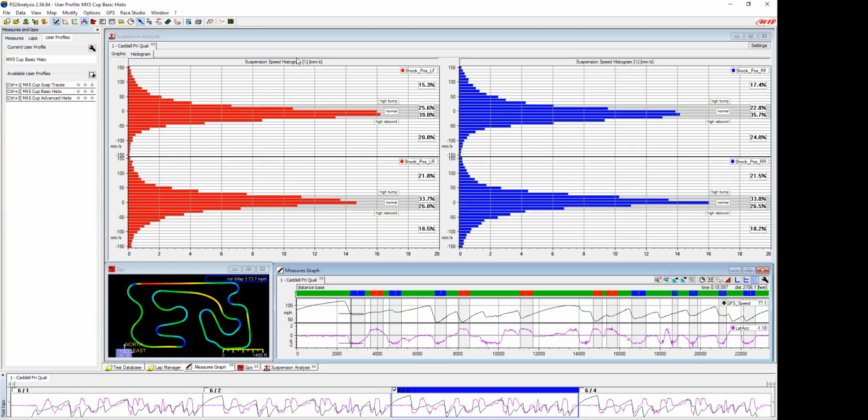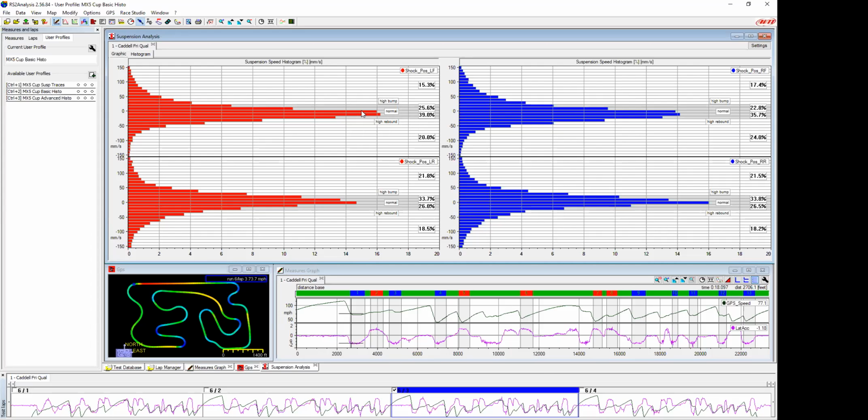I'm going to show you the advanced mode in a moment, but this is probably where you'll start. What this is telling you is how much time you have spent. If you hover over one of these and click on it, you'll see 15.99% for that bin. 15.99% of the time, the shock shaft was between -5 millimeters per second and +5 millimeters per second.